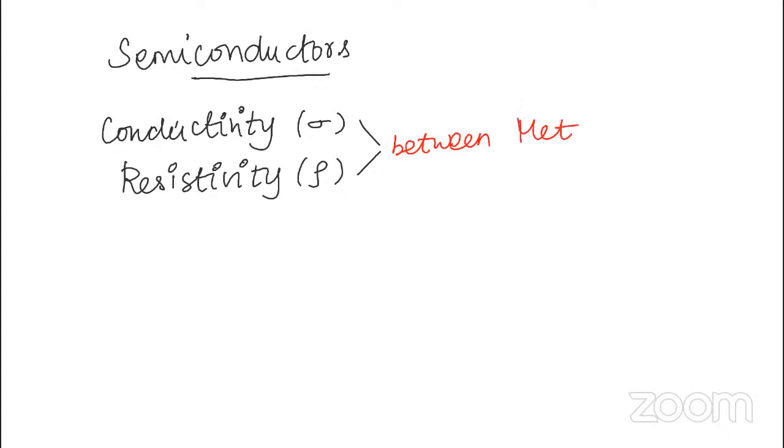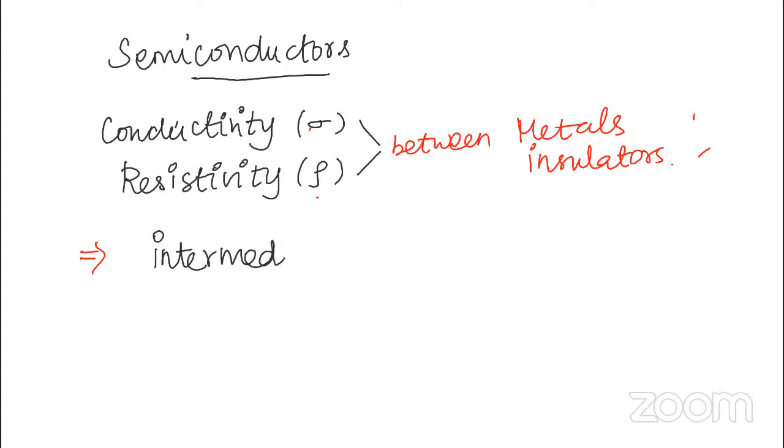Between metals and insulators, right? So the conductivity sigma and rho values are between those of metals and insulators. That means it is intermediate conduction. Intermediate means in between the two.